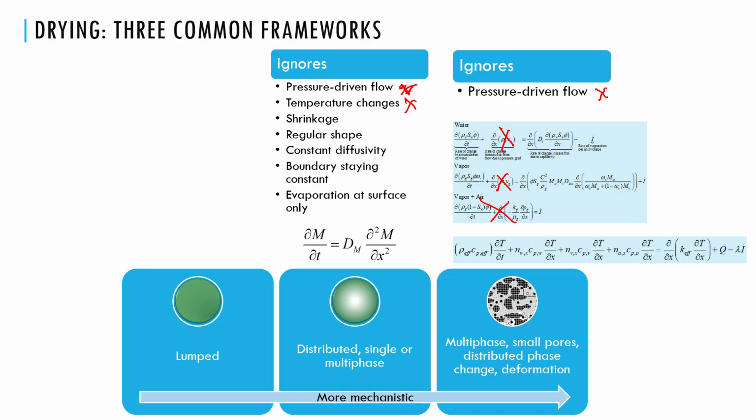For example, we are ignoring shrinkage, then we have to do regular shapes for analytical solution, and it has to be for constant diffusivity, and so boundary conditions have to stay constant, they cannot change with time, and then evaporation can be handled at surface only. Those are quite a few limitations that we have to keep in mind when we use this equation and its analytical solutions that are very, very widely used.